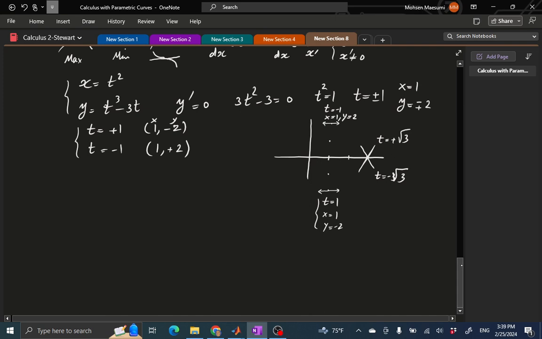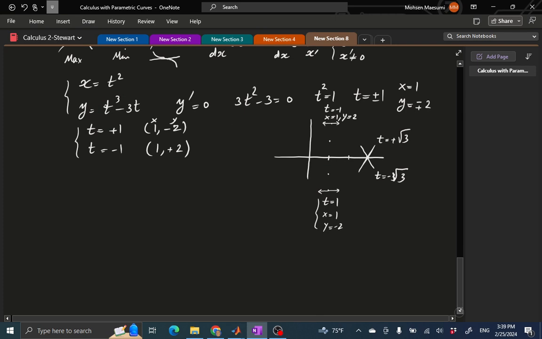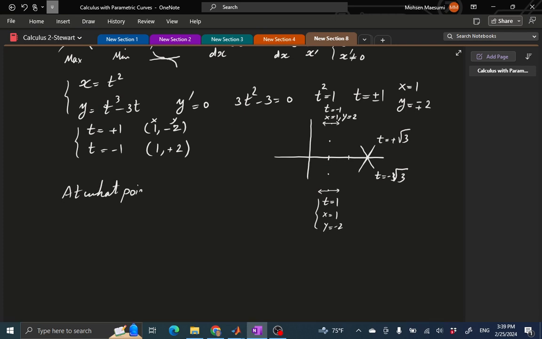What else can we ask? At what points does the curve have a vertical tangent line?